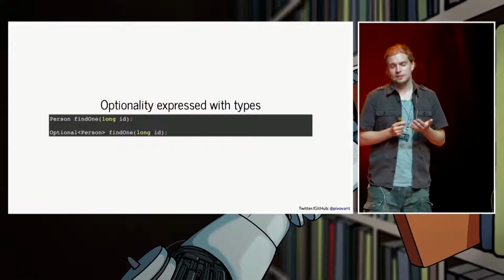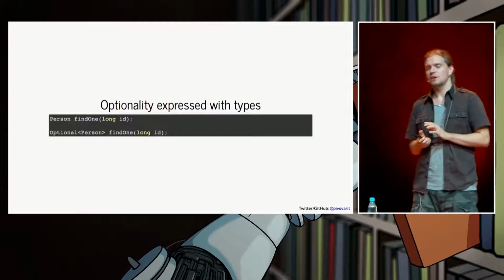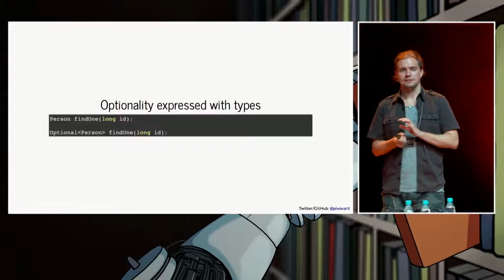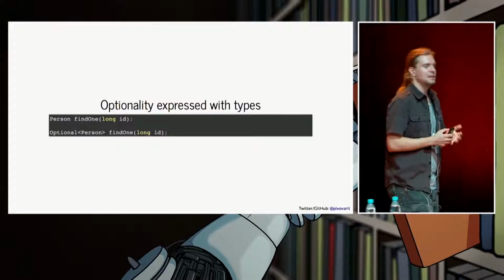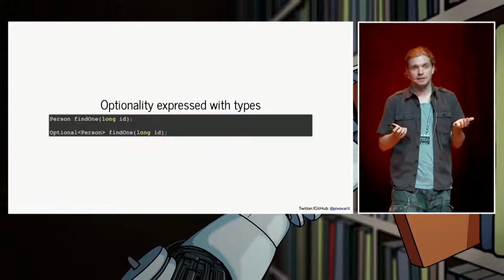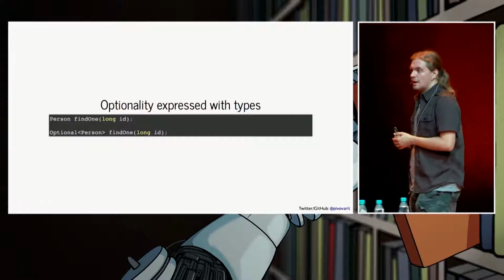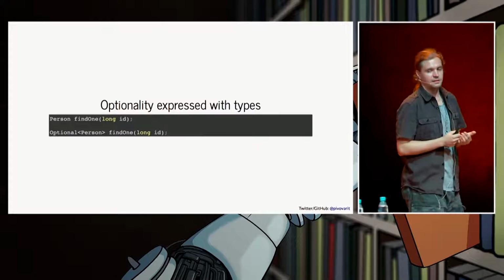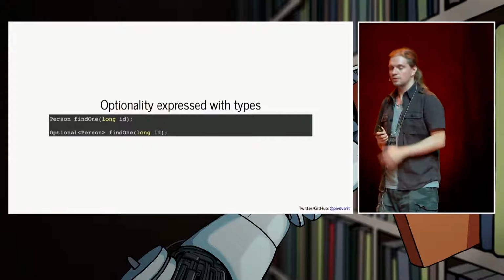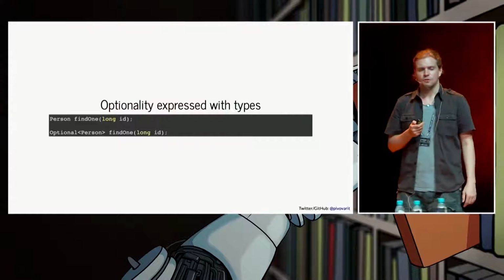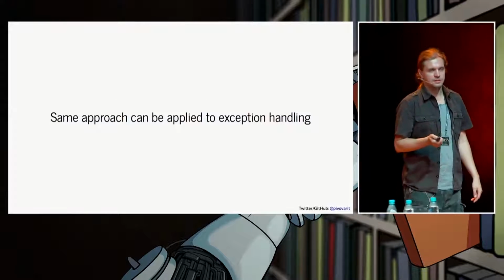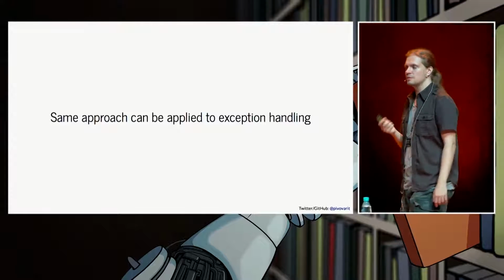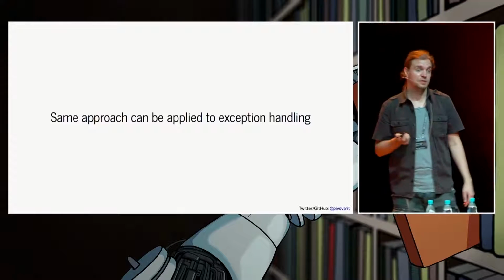So with Optionals, if we represented our types as optional, we signal very explicitly that those types can be or cannot be there. And this is cool, because when someone receives it, they need to actually handle that, and you can't run away from that. So if we can do this with optionality, why not go further and use the same approach when dealing with exception handling?